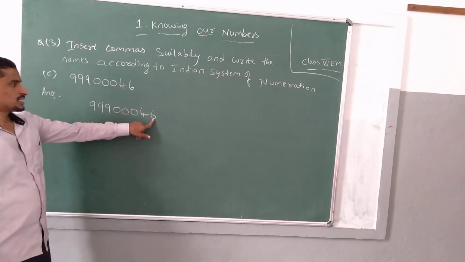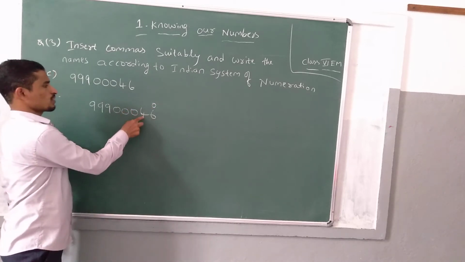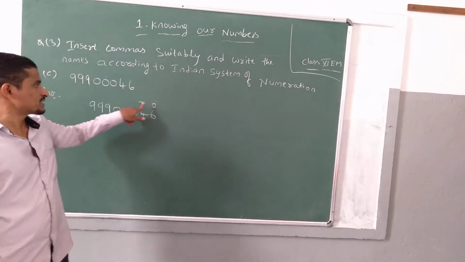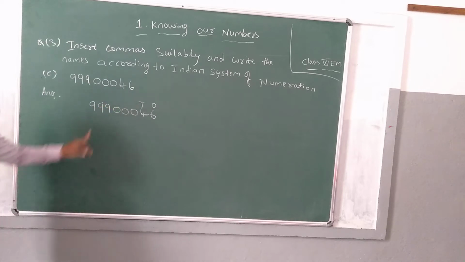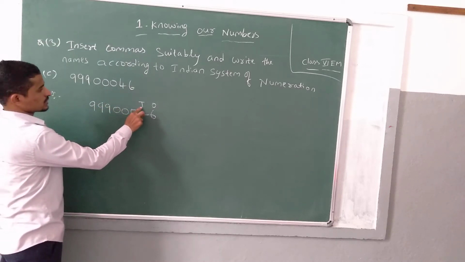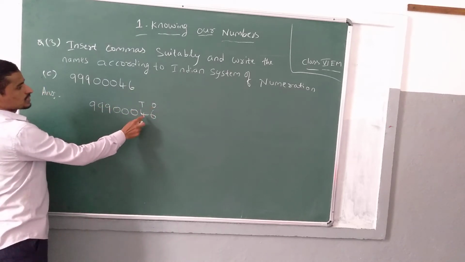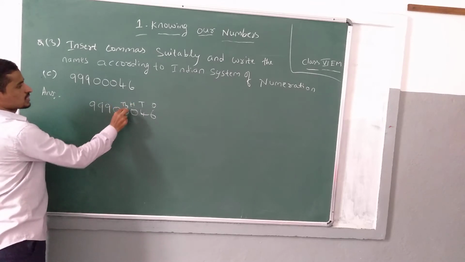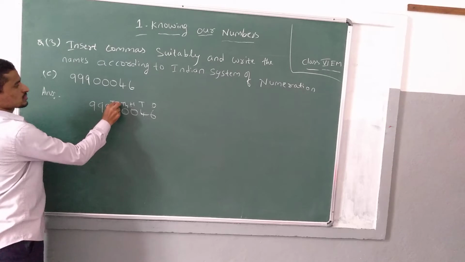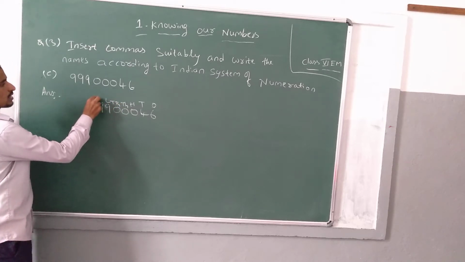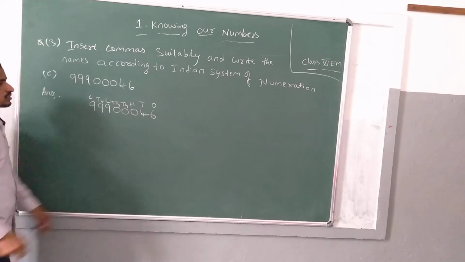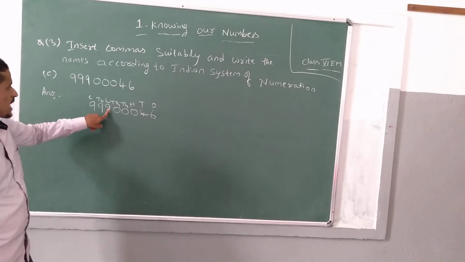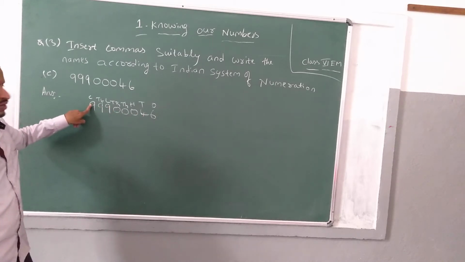So 6 is at ones place, 4 is at tens place. This ones place is also called unit, tens, 100, 1000, like that. Ones, tens, 100, 1000, 10,000, lakh, 10 lakh, crore.